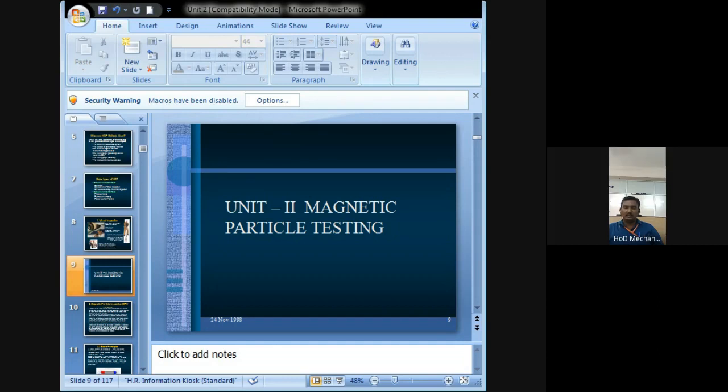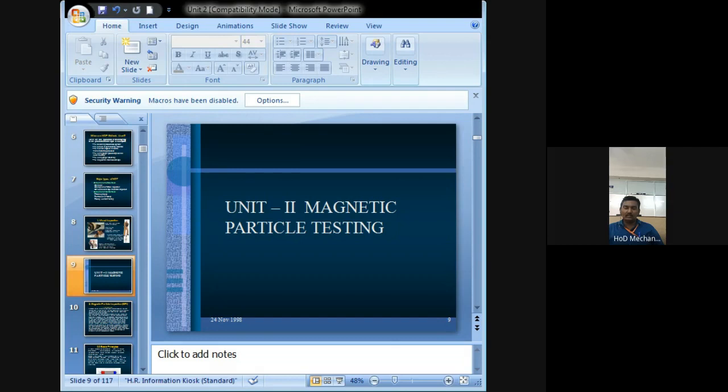The next topic is the principle of magnetic flux leakage testing, and what are all the instruments to be used for testing with the magnetic inspection method, and what are all the applications in the MPT method? Where is magnetic particle testing used?